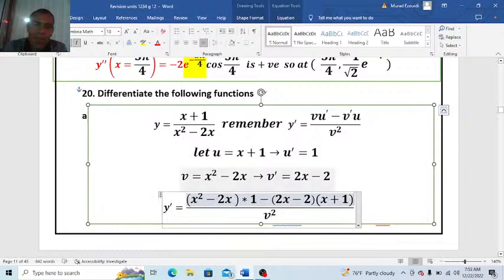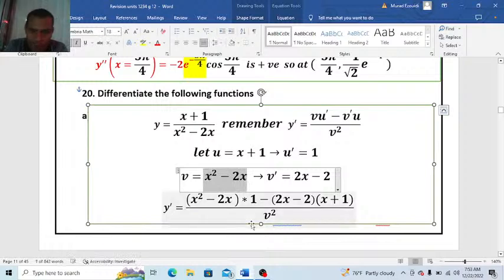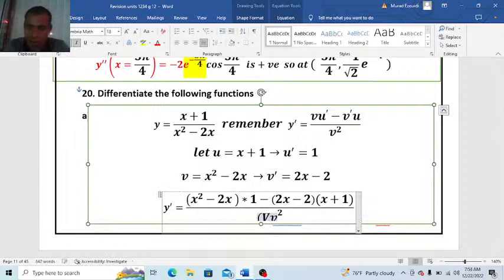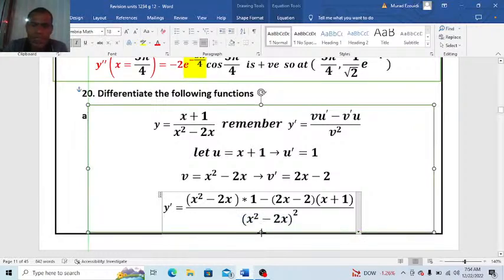Divided by what? By x squared minus 2x all squared. Divide by v squared, as you can see, it is x squared minus 2x, all squared. This is now the first derivative.